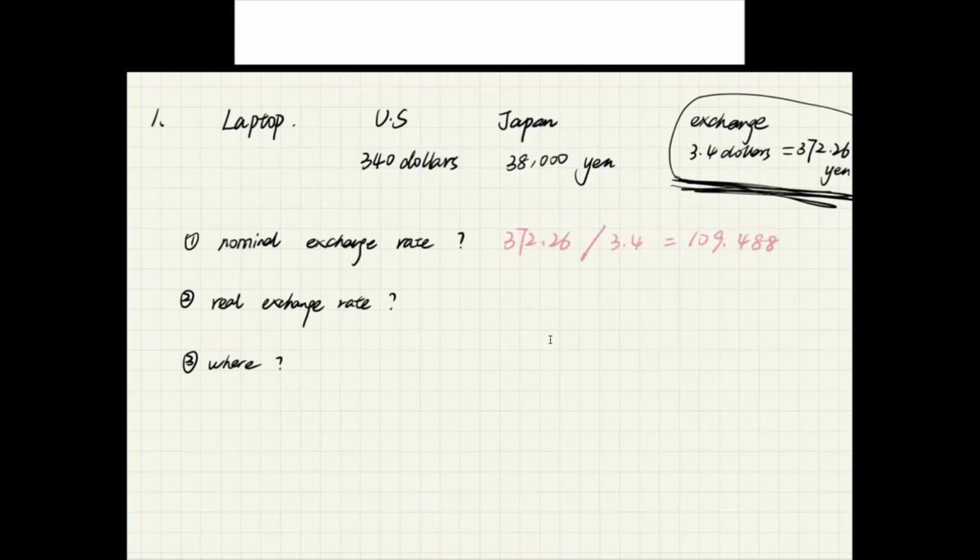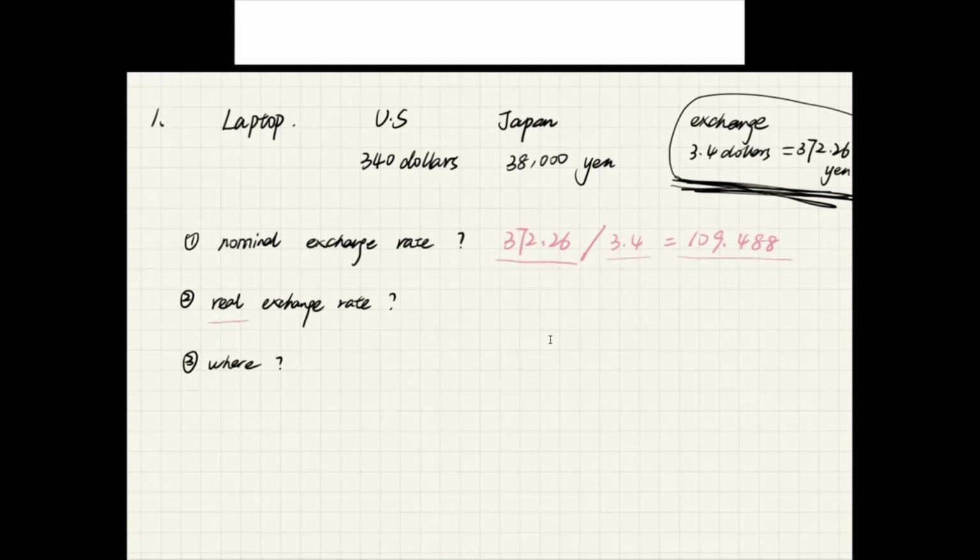Okay. It means that if you have this much Japanese yen and you know they are equal, you can get 109 something US dollars.